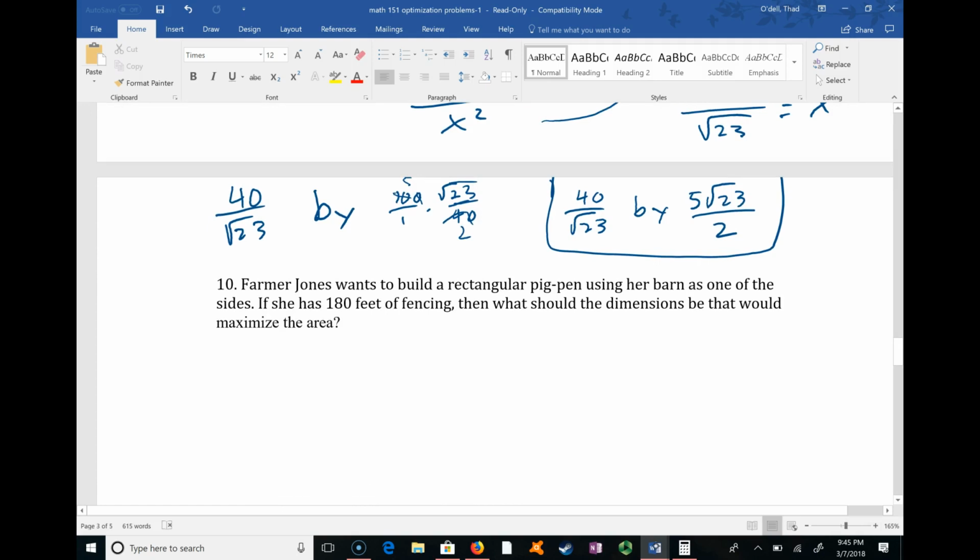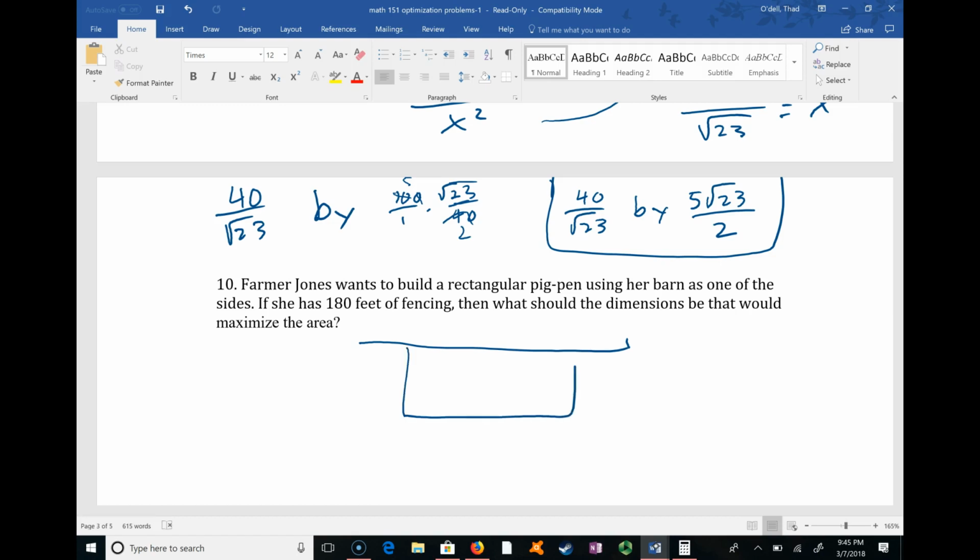This one's very similar, but the idea is you got a barn there. So sides, she has 180. Oh, so it's just a rectangular pig pen. So the barn doesn't need fencing. So if that's X and that's X, then this is just 180 minus 2X. I have to divide by 2 because there's not 2 sides to it. So then you would just go area is equal to X times that.